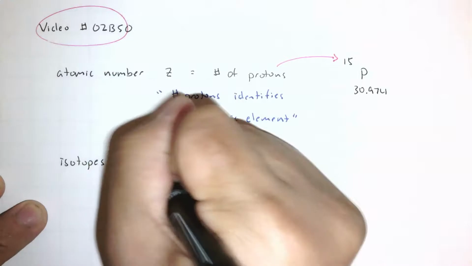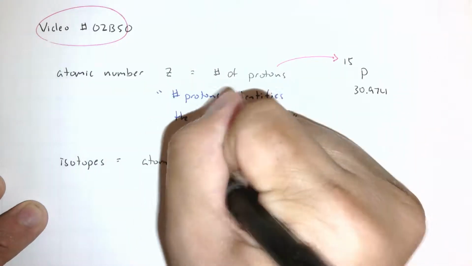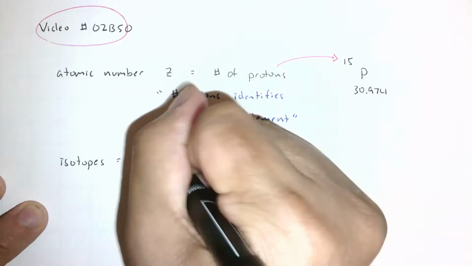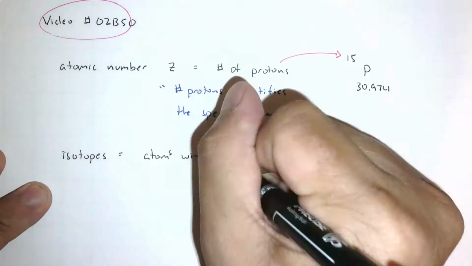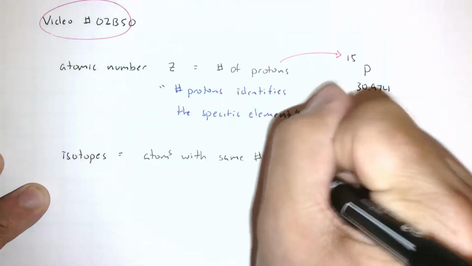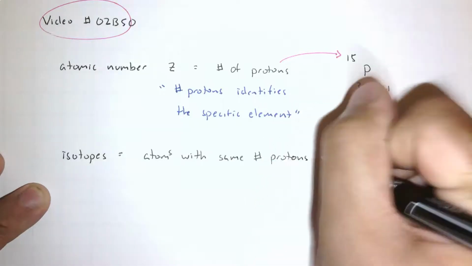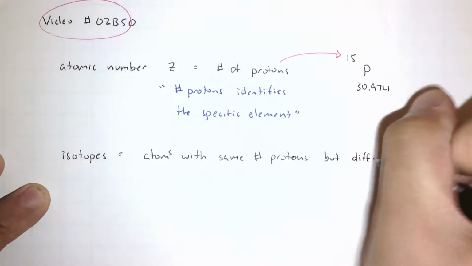An atom, or maybe I should put atoms, with same number of protons but different number of neutrons.